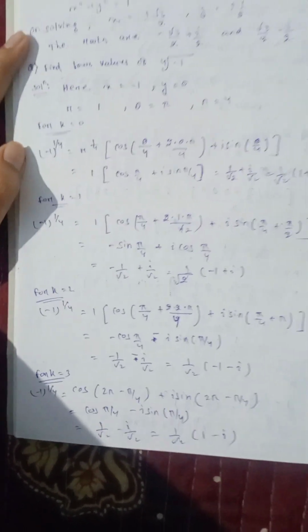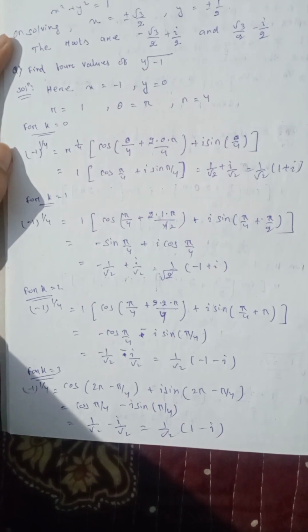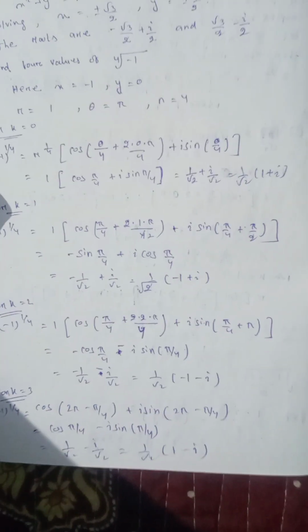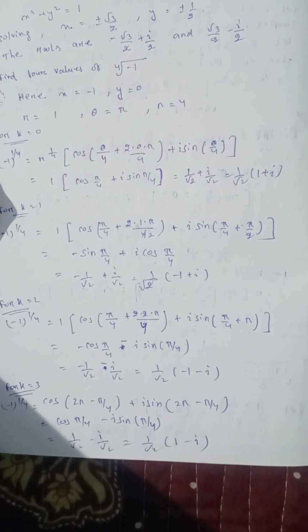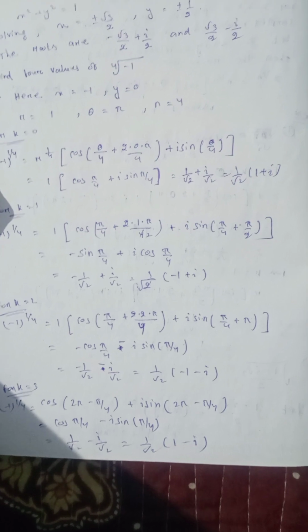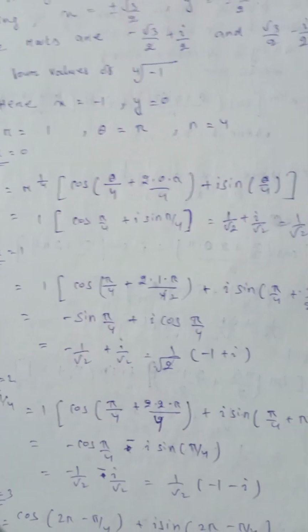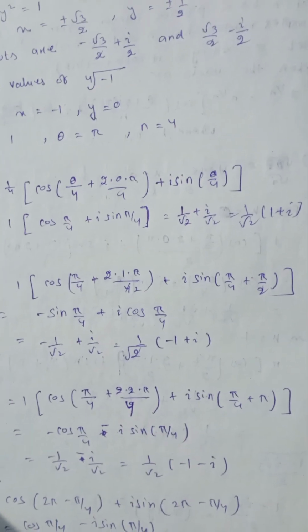So for k equal to 0, here is the formula: r to the power 1 by 4 and cos theta plus 2k pi plus I sin theta, to the power 1 by 4. So by de Moivre's theorem, that is equal to cos theta by 4 plus 2k pi by 4 plus I sin theta by 4.